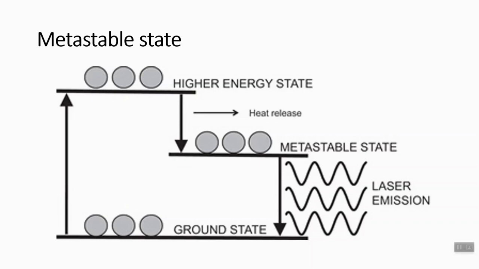In contrast, an electron may stay in a metastable state for 10 raised to minus 3 seconds. Hence, population inversion occurs only between the metastable state and the next lower state, which is the ground state here, and because of which laser emission occurs.